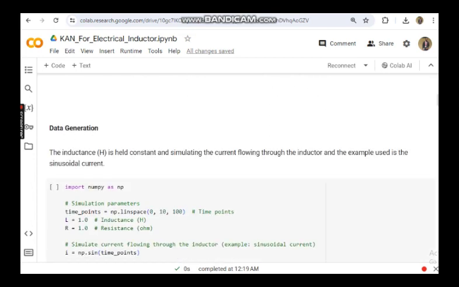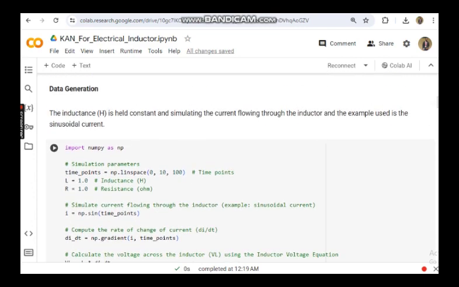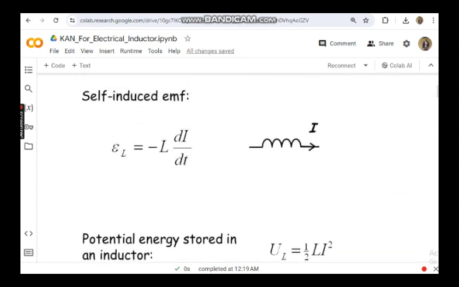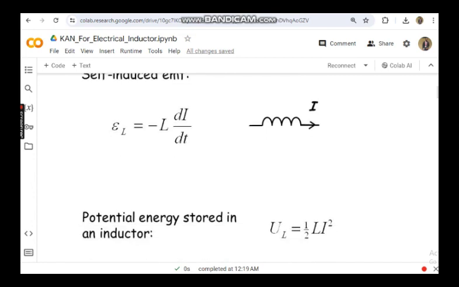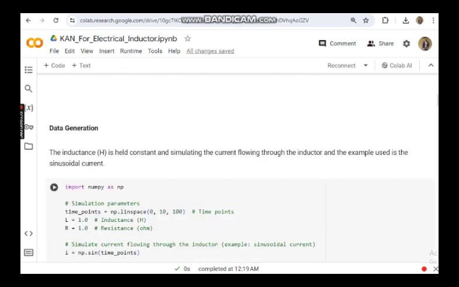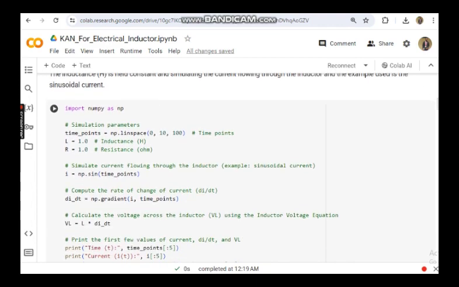Okay, so we're going to dive into how we can try to simulate the behavior of an inductor using the KAN network. First we're going to generate the data. The inductance L is held constant, simulating current through the inductor. We're going to use a sinusoidal current flowing through the inductor.